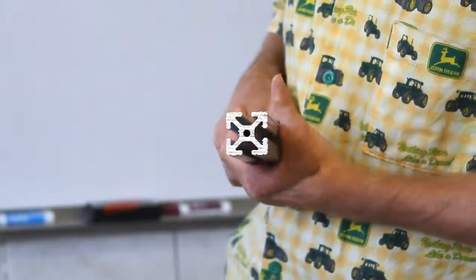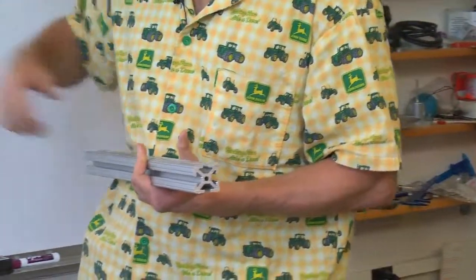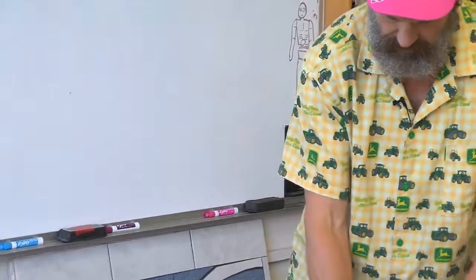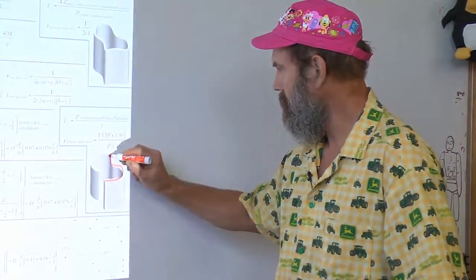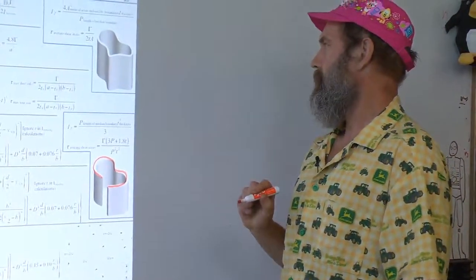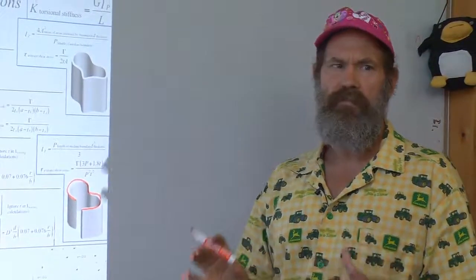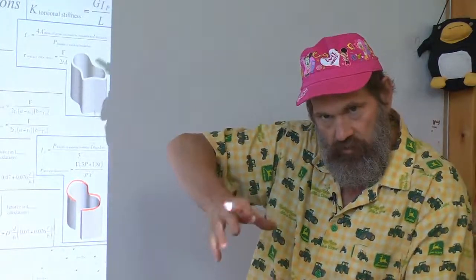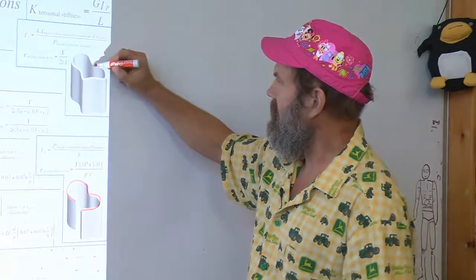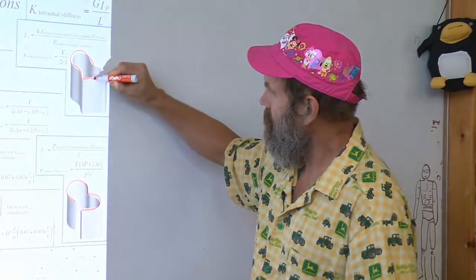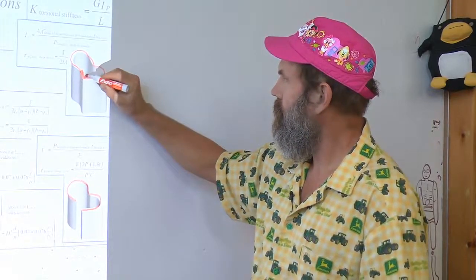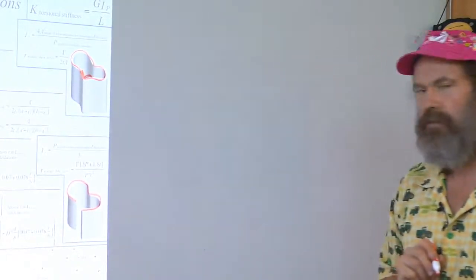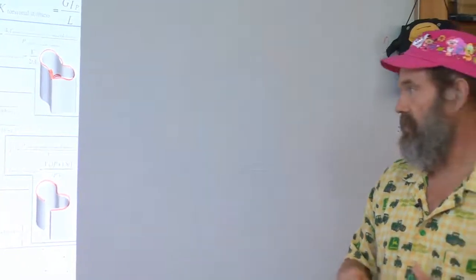In torsion, when a structure is open, it's an order of magnitude less stiff in twist than if that same structure is closed. Okay? An order of magnitude less stiff.